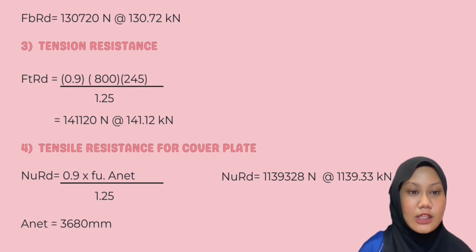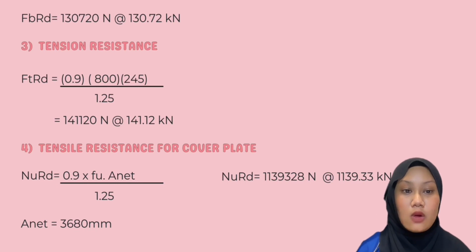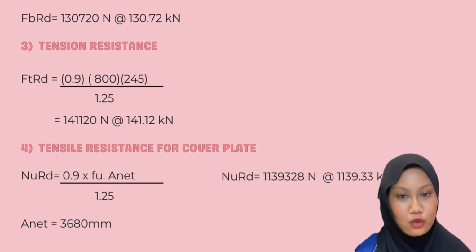And for the last step, we need to find the tensile resistance for the cover plate where we use the NuRd formula, which is 0.9 multiplied by fu multiplied by A net divided by 1.25.